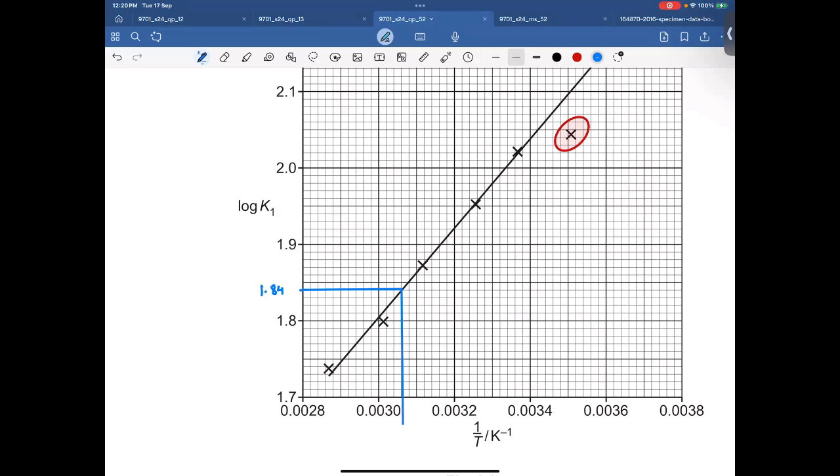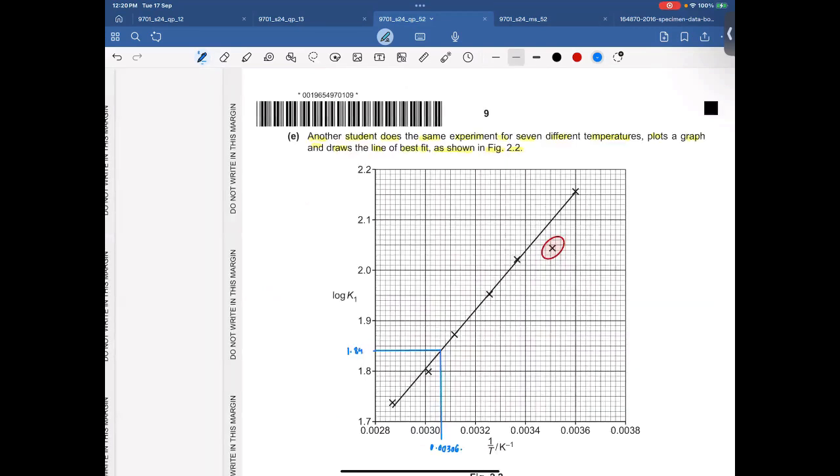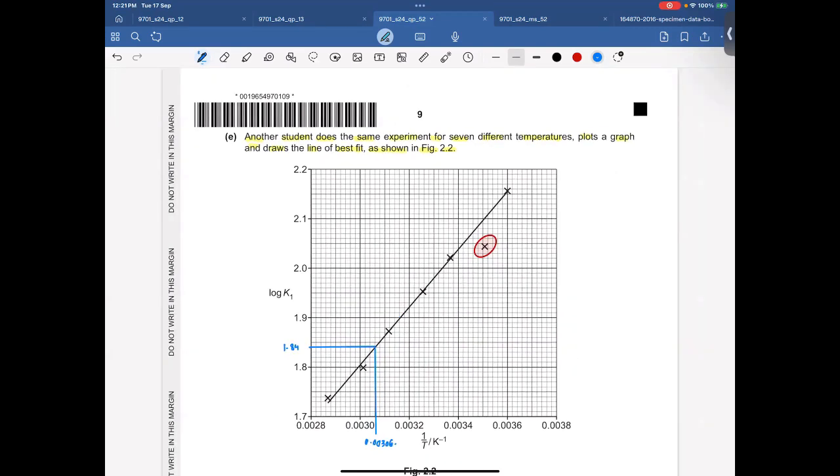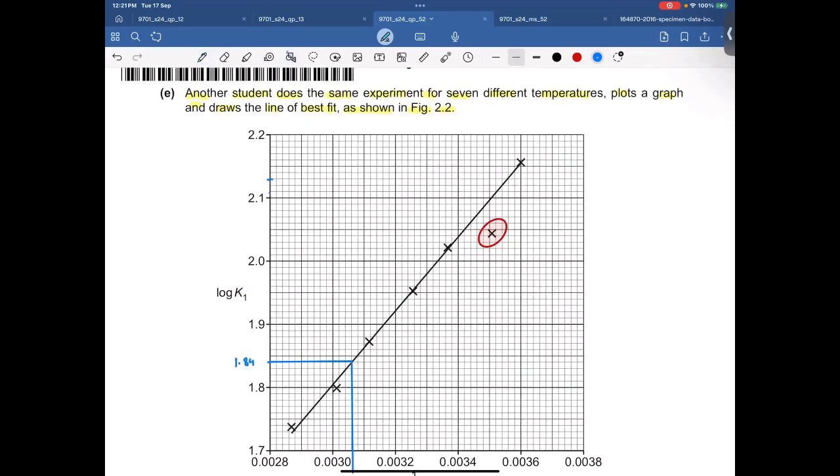And this must be 0.00306. Okay. And the end point we could take is, let me take this point. Okay.